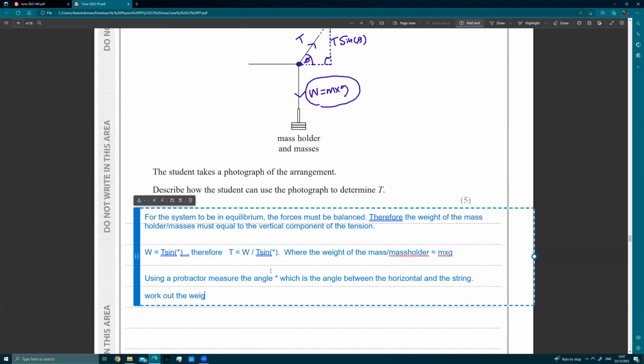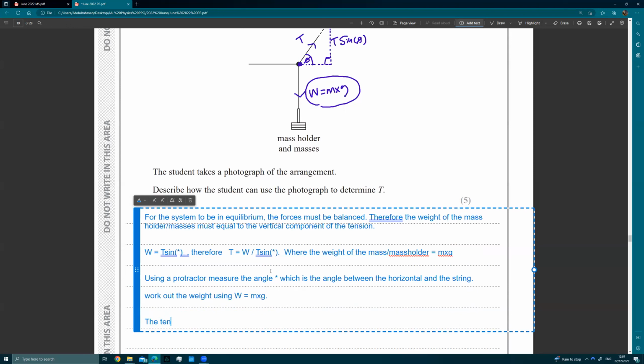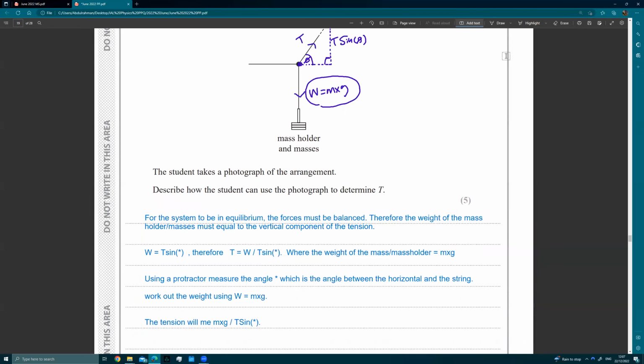Work out the weight using W is equal to mass times G. The tension will be mass times G over sine theta. Good. I think that will get you 5 marks.